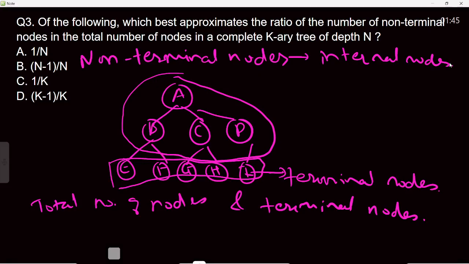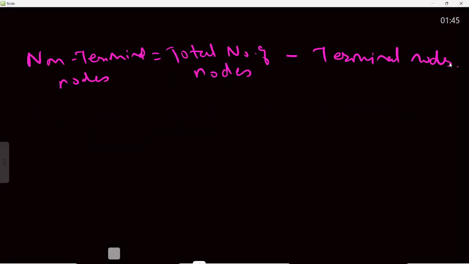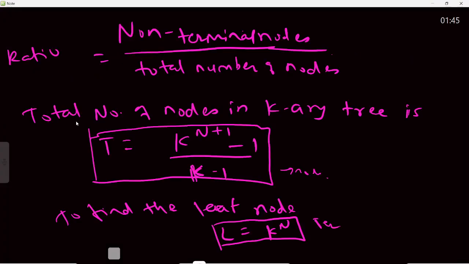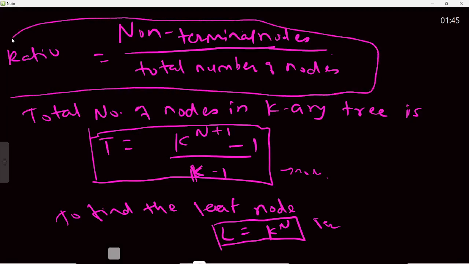They have not asked us how many non-terminal nodes there are, they have just asked for the ratio. So the ratio is equal to non-terminal nodes upon total number of nodes, right? This is the ratio.